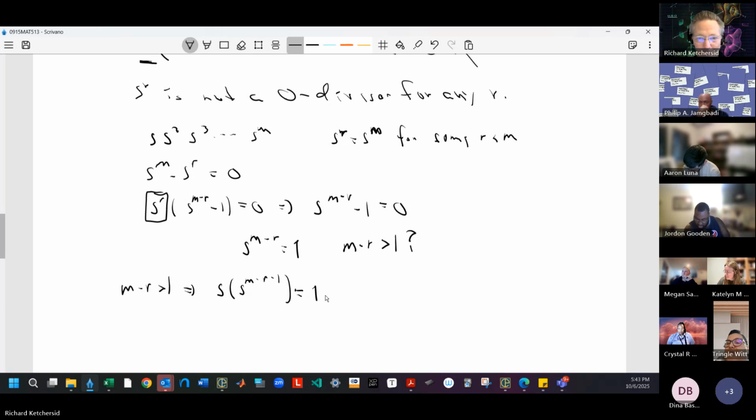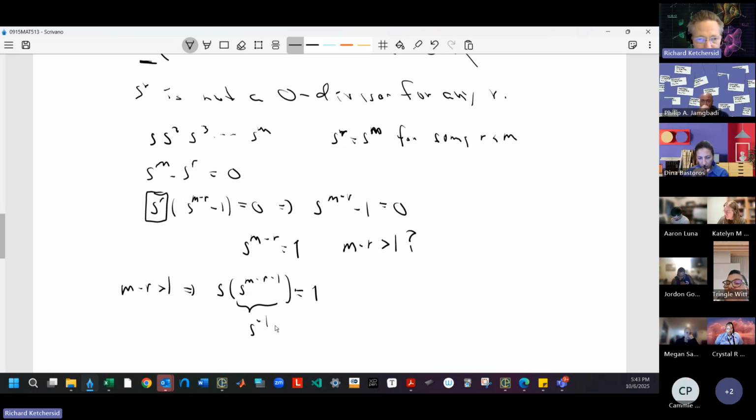And in that case, this is S inverse. And again, now we're using the fact that our S inverse was unique. To show that this is S inverse, I really need to do this on both sides. But I could do the same calculation and get S to the M minus R minus 1 times S equal to 1. Very same calculation, I'm just changing the side at which I'm doing something. Okay. So we have an inverse in that case.